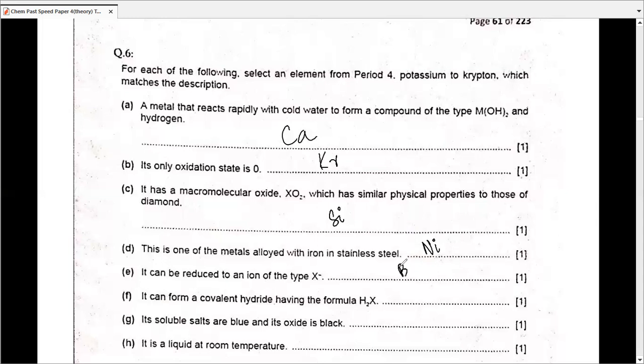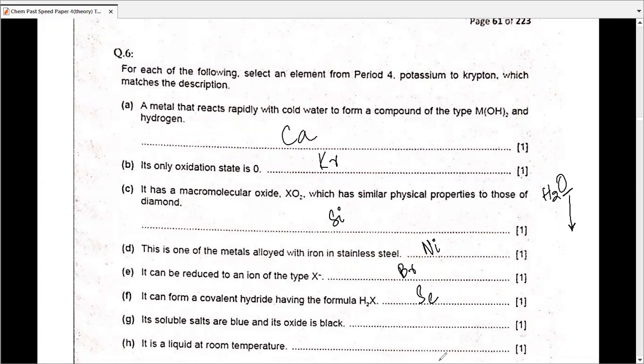Good. Br. Next up, forms a covalent hydride and the formula is H2X. Since water can form H2O, this means it is below oxygen in the same group. Selenium. Good. Moving on.